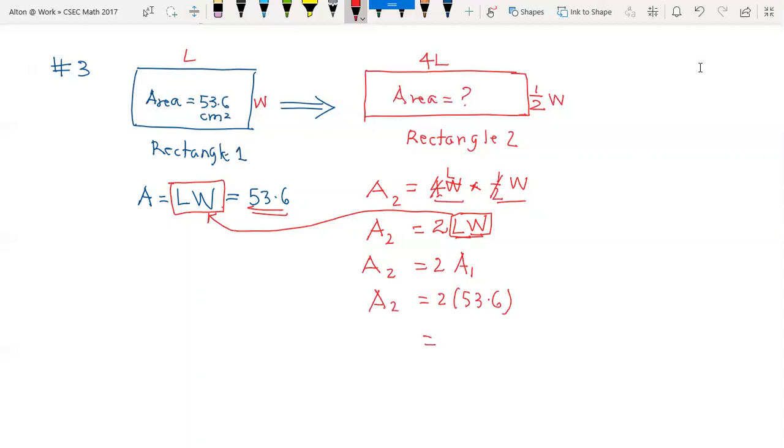So 2 multiplied by 53.6. 6 2s are 12, 3 2s are 6, 7, 2 5s are 10. That's 107.2 centimeters square. So let's search for an answer that says that.